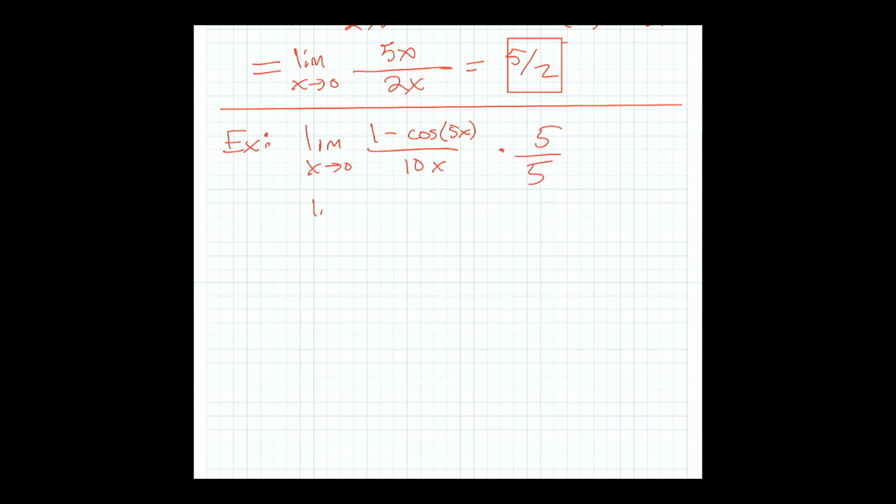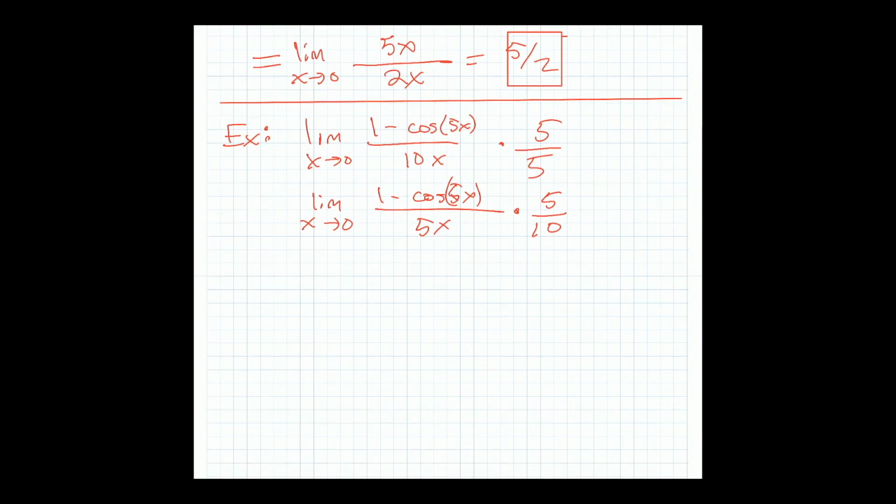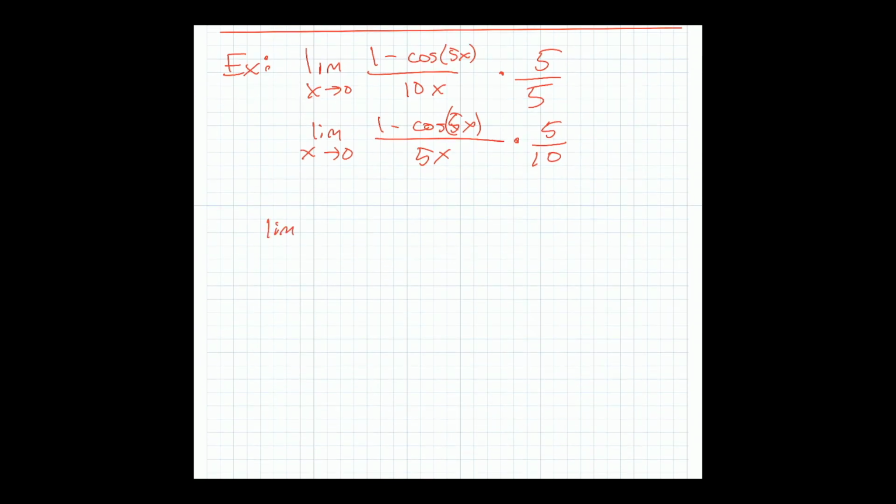You can put the 5x there. Then you have the 5 on top left. You move the 10 over there. Then you have limit as x goes to 0 of 1 minus cosine 5x over 5x. And this 5 over 10, you can write over here as a 1/2.